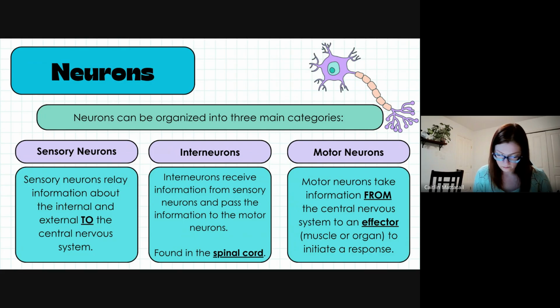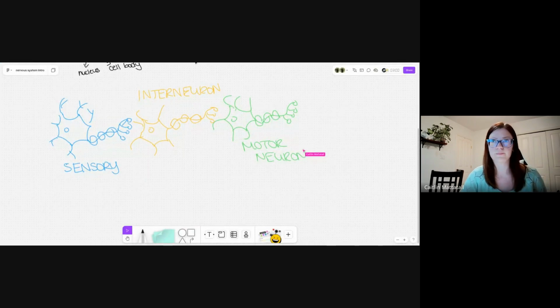And when we have these neurons all lined up together, they are going to look a little something like this. So the sensory neurons are going to be sending the information to the interneurons.